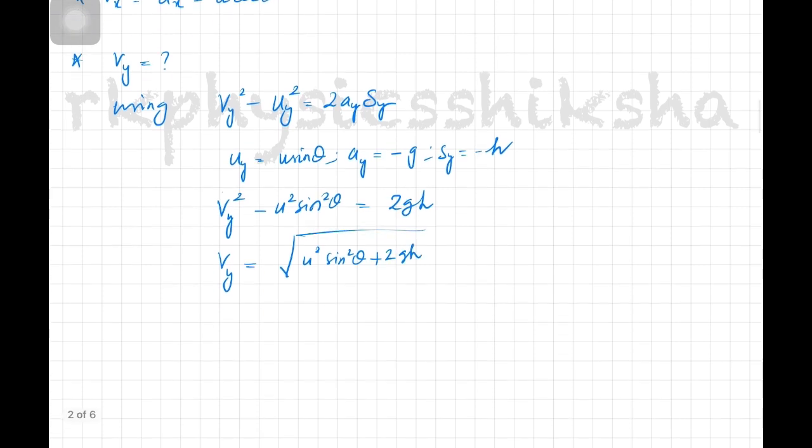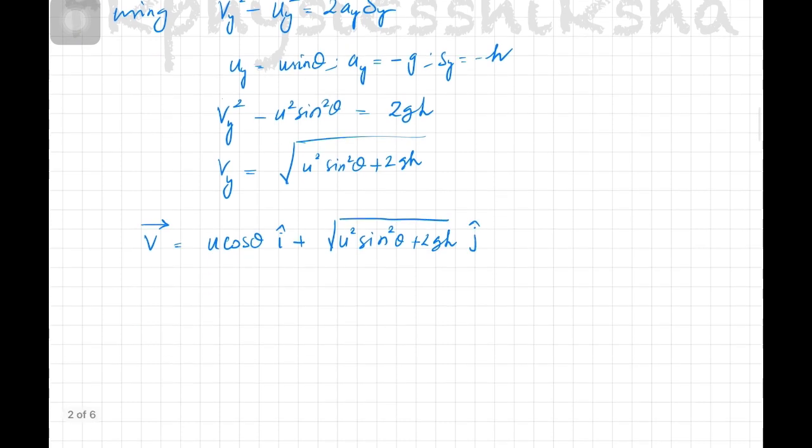Now the velocity will be v bar is equal to u cos theta into i cap plus root of u square sin square theta plus 2gh into j cap. So what will be the magnitude of this velocity?